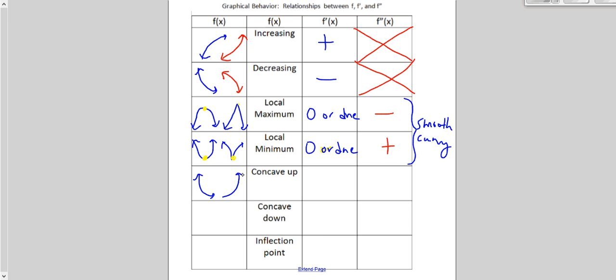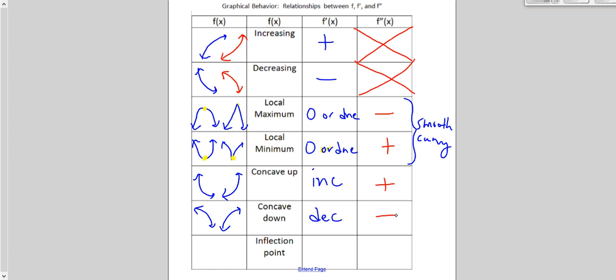It doesn't have to be the whole bowl, it can be half a bowl. What we know is that the derivative is increasing, and the second derivative is positive. If the graph is concave down, could be just part of it or the whole thing, we know the first derivative is decreasing and the second derivative is negative.